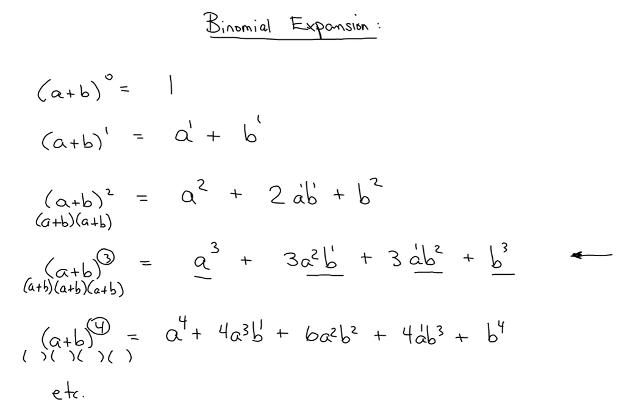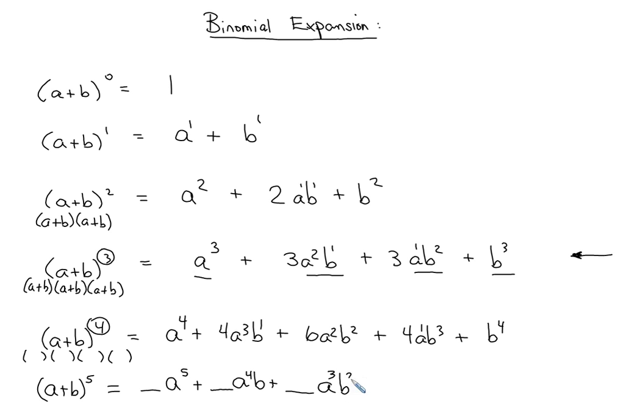So what that allows us to do is things like a plus b to the fifth very easily, letter-wise. If I want to do a plus b to the fifth power, the first term is going to start out as what? A to the fifth. Okay? With some number in front of it, some coefficient. Then we're going to get some number times, what's the letter part going to be? A to the fourth, b to the first, plus something, a to the what?